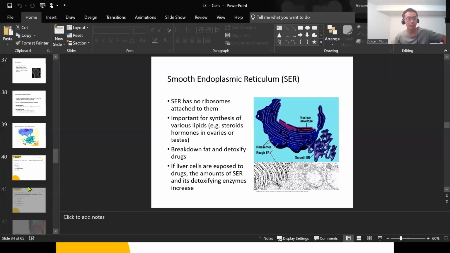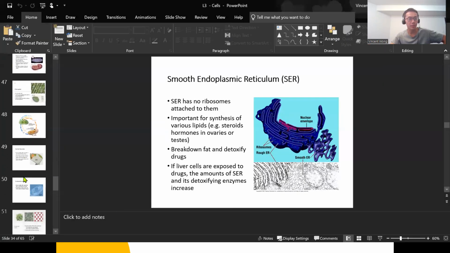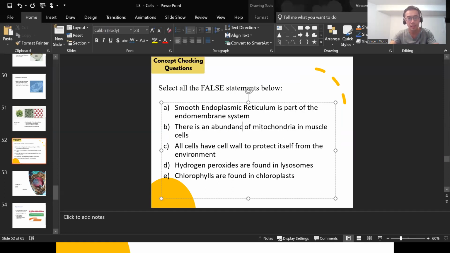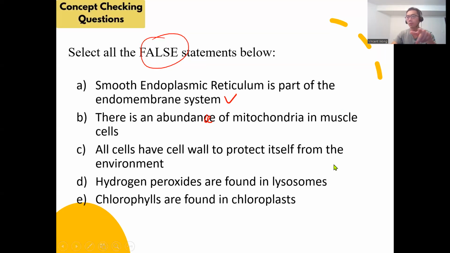Let me just change that because it was wrong in the last class as well. I think it was Justine who mentioned that. Muscle cells need to move a lot, so of course you're going to have a lot of mitochondria in them. So that's a true statement. We're looking for the false ones.